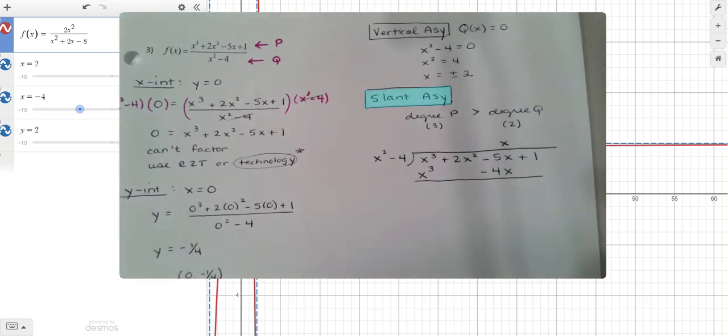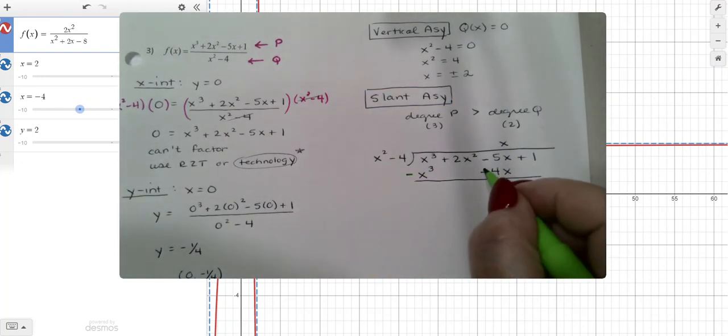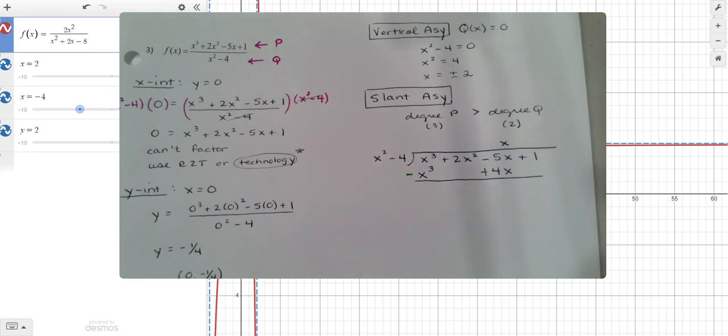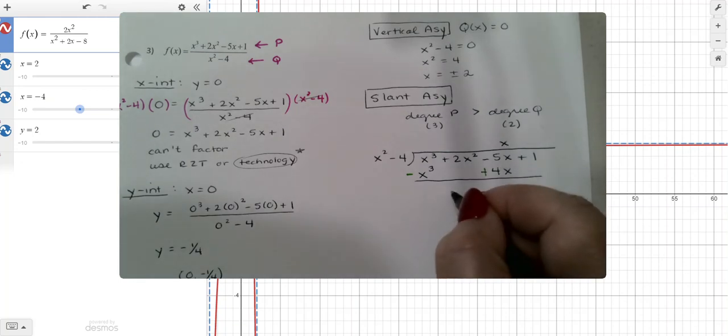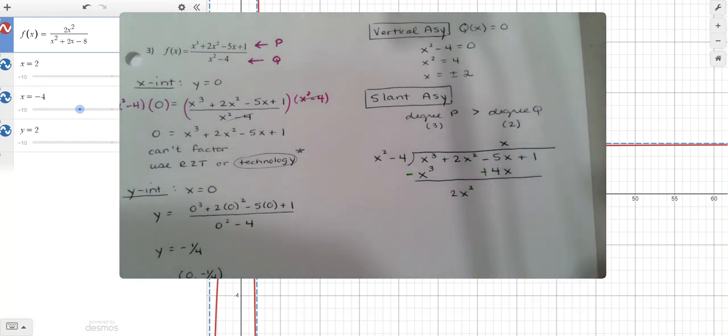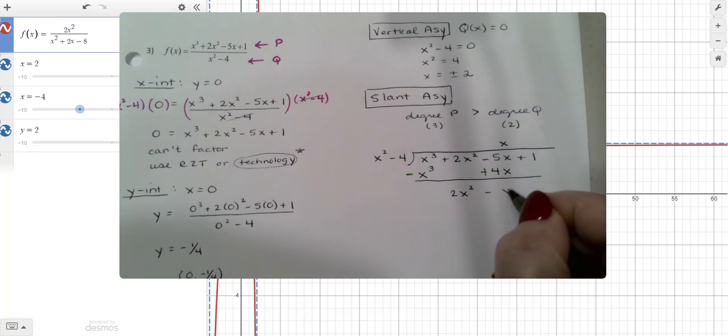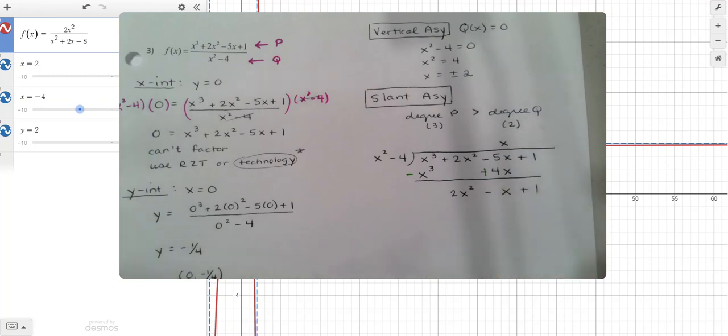I'm going to subtract those, which is going to make that negative, and it'll make the negative a positive, right? Minus a negative. So my x cubes subtract to 0. I have a 2x squared minus 1x and the plus 1.